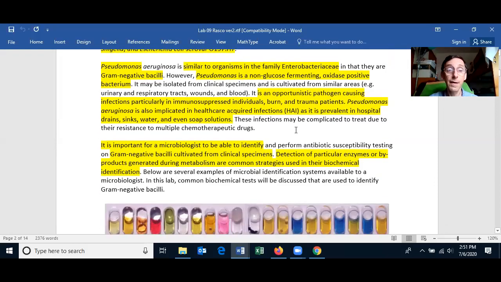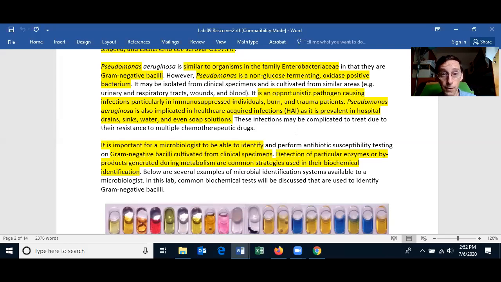All right. The other family that we're going to study today is the family of Pseudomonadaceae, and Pseudomonas aeruginosa is the human pathogen, or you could also call it an opportunistic pathogen. The members of this family are similar to the family of Enterobacteriaceae, meaning they're all gram-negative bacilli.